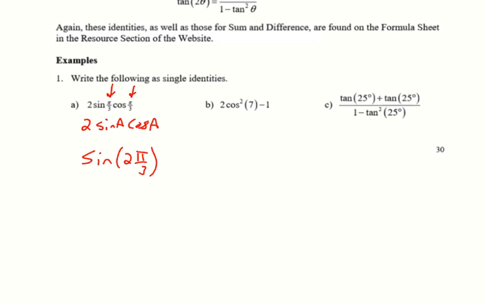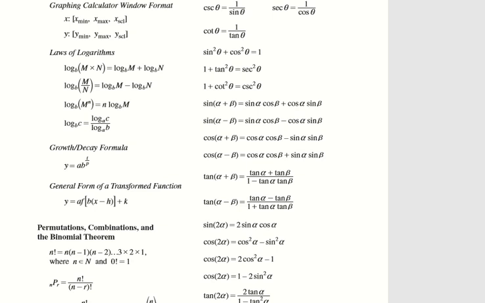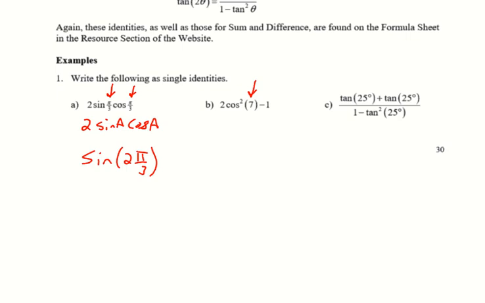Now this one, 2 cos squared of 7. That's an angle written in radians, right? I'm going to look at my formula sheet here. So I've got 2 cos squared of the angle minus 1, yep.